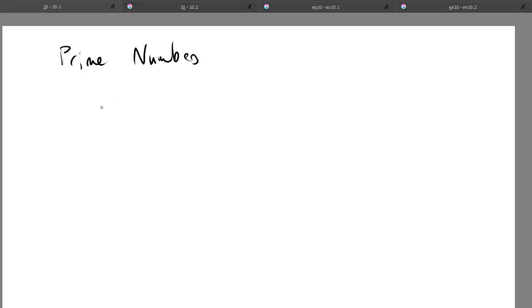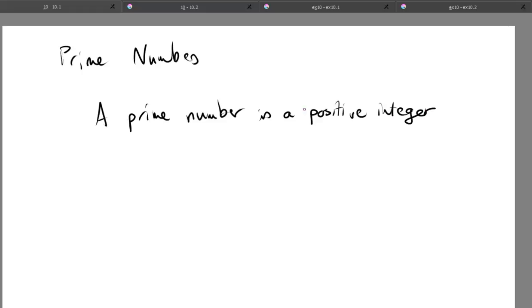So first, what is a prime number? A prime number is a positive integer. So we're only looking at positive integers. In elementary school, we would call them whole numbers. A positive integer, first of all, it has to be greater than 1.